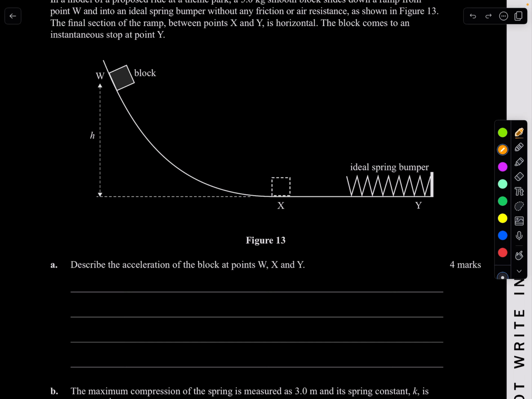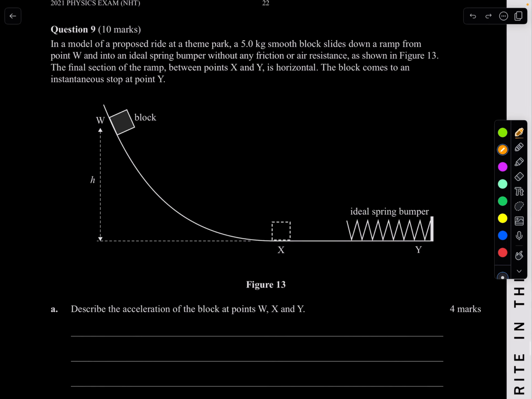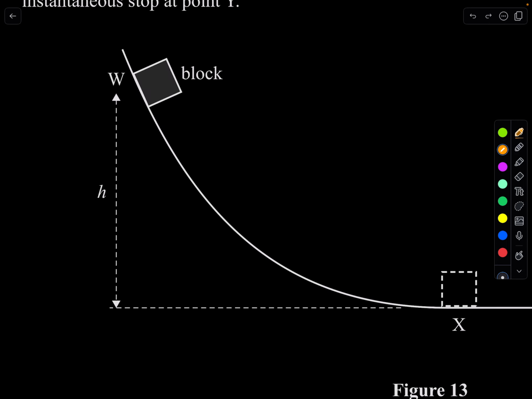All right, let's really have a deep analysis of this. So let's have a look at when it's at W. What is the acceleration? So imagine it's at rest. Imagine someone's holding it. The block just wants to go down at this angle. If you imagine you're holding it, it's at rest, but it has this acceleration acting downwards at an angle of this.